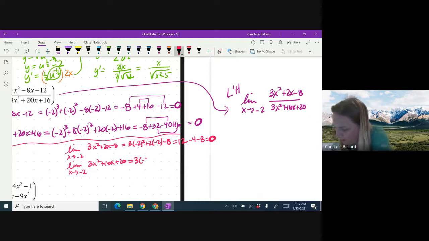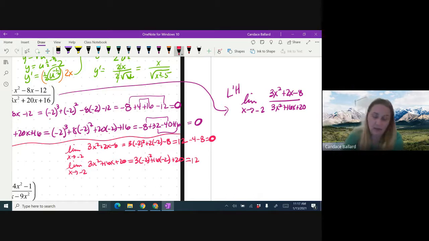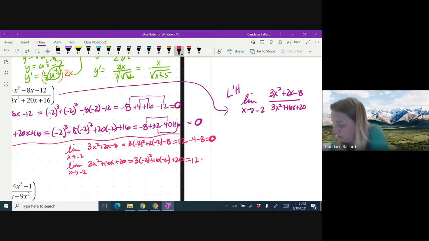So we've got 3 times -2 squared plus 16 times -2 plus 20. All right, so -2 squared is 4 times 3 is 12 again. 16 times -2 is -32 plus 20. Isn't 12 and 20 32? Uh-oh. I've got 0 over 0.